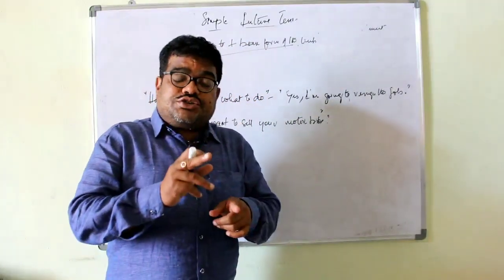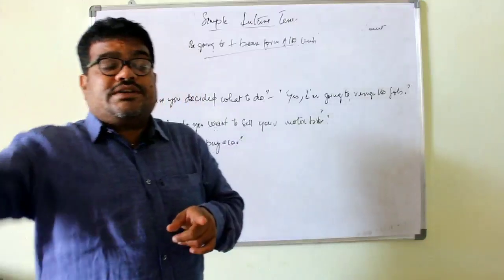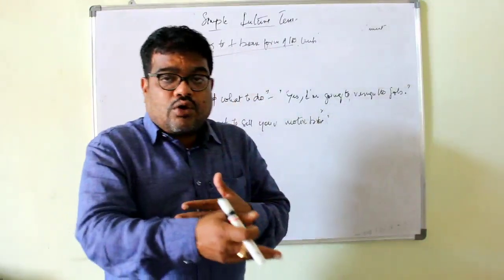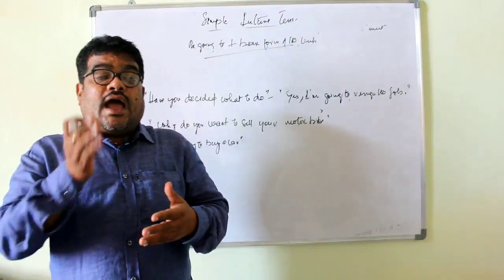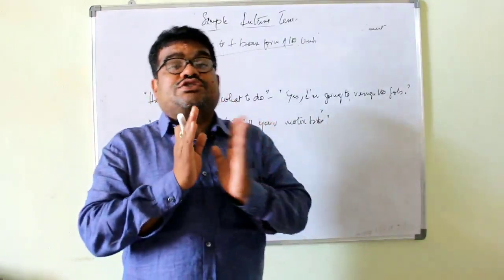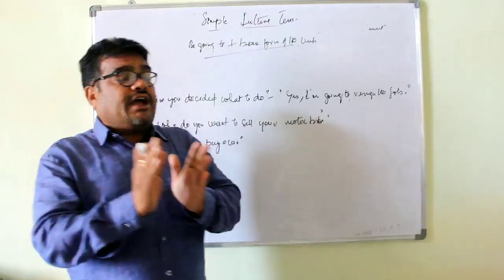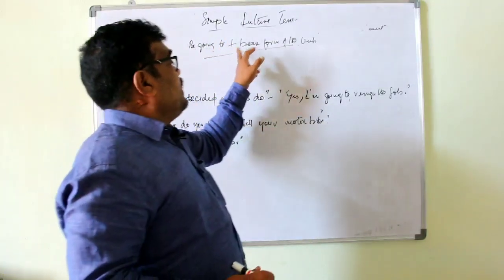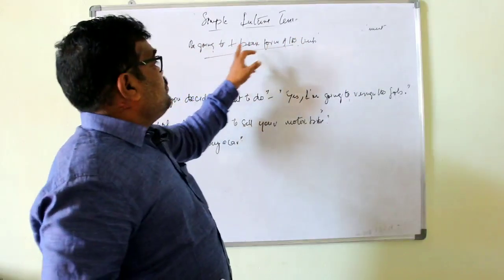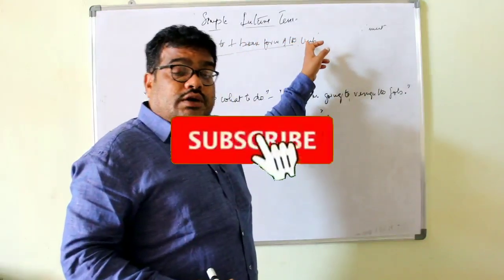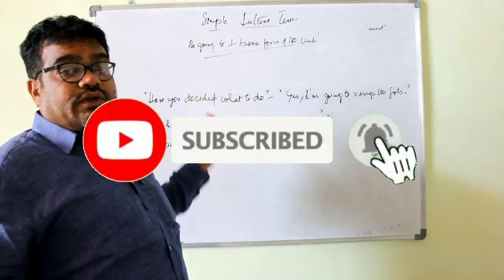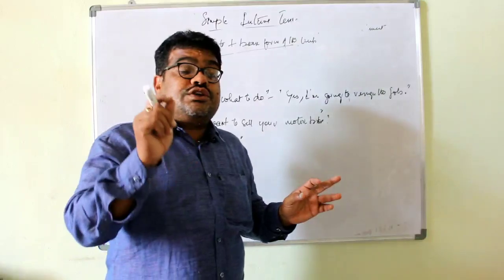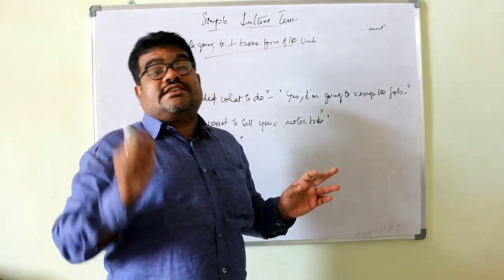For an action which is going to take place in the future, which we have already decided and made preparation for, we can use the form be going to plus the base form of the verb. Mind you, simple future tense is used for instant decisions.